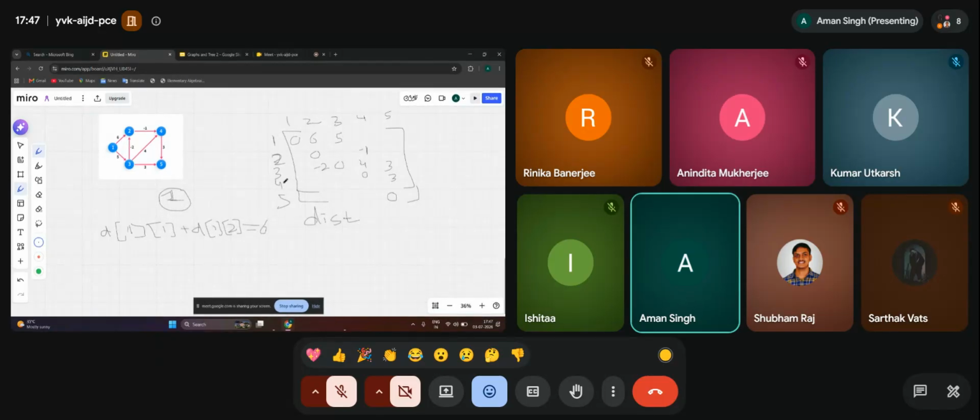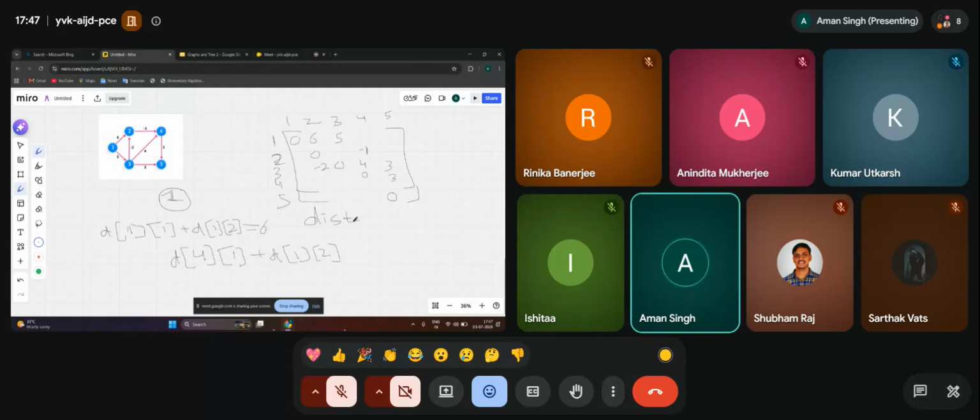If we are here at 4, I want to check 4 to 2 via 1. We will see if we can reach 4 to 2 via 1, which means distance of 4 to 1 plus distance of 1 to 2. It means we are trying to reach 4 to 2 via 1. If it is computed, then it will give something. Similarly, we can try for every node.